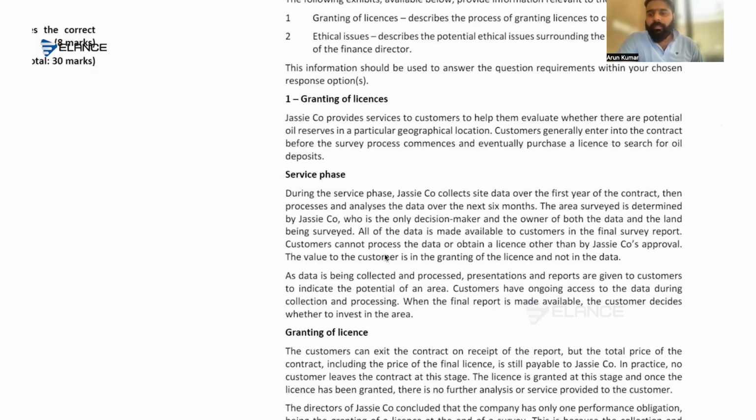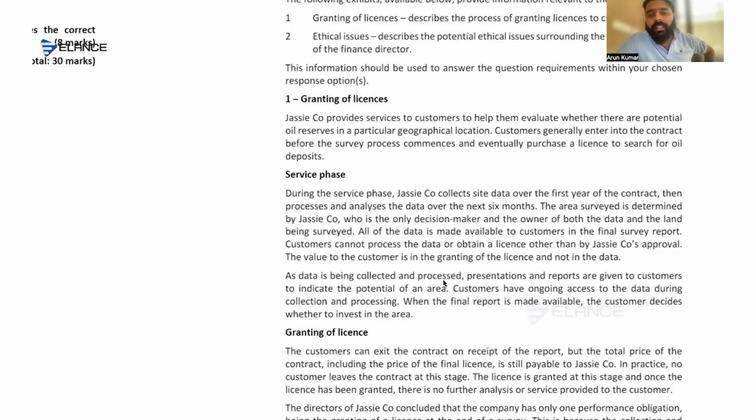The area surveyed is determined by JC company, who is the only decision maker and owner of both the data and the land being surveyed. All of the data is made available to the customer in the final survey report, and the customer cannot process the data and obtain a license other than by JC's approval. The value to the customer is in the granting of the license, not in the data.